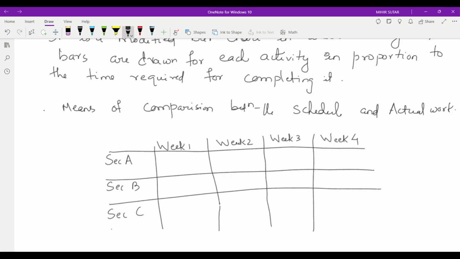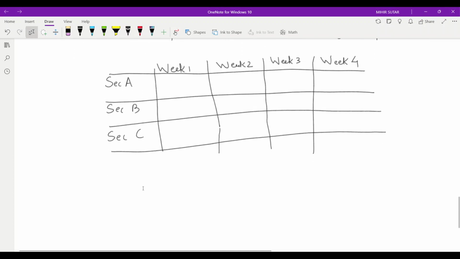So how will you know the progress? For the planned or scheduled job, you show it by dotted lines. And for actual work, I am drawing a hatch line in this way.